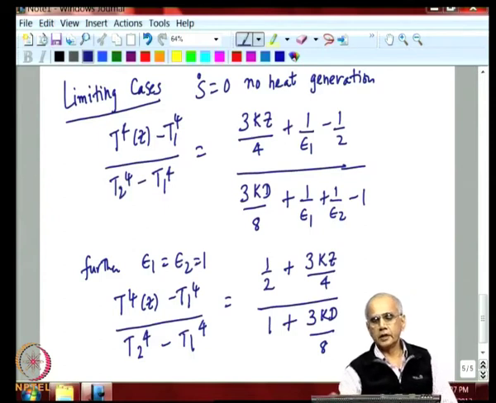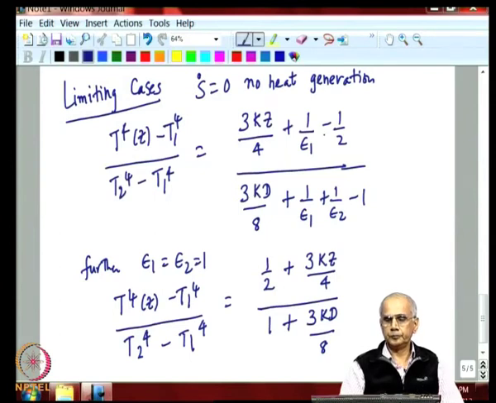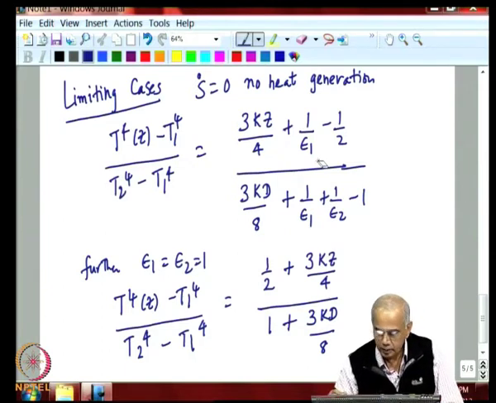Now, here we have covered the case of no heat generation, and the role of wall emissivity. So, you can see that if the wall emissivities are very low, then these terms become very important, this one and this one. Let us now look at the limiting case.